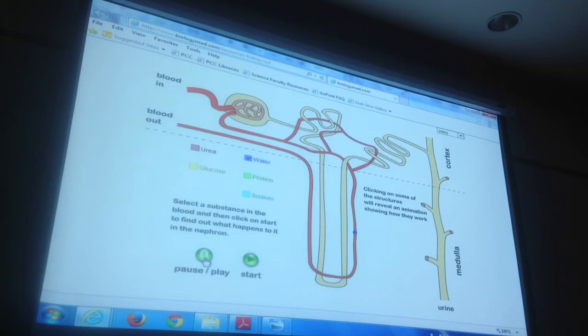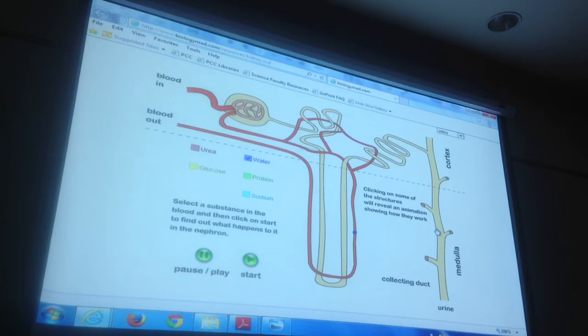Yes, same thing. I'm reabsorbing it in multiple places. If you watched the animation, you would have noticed there's some in the PCT, the down loop over here. What this animation is trying to show you is that different chemicals are absorbed in different places, some more than once. But every chemical has a spot on your nephron where you would absorb it or secrete it. That's why you're going to memorize that picture and this table.